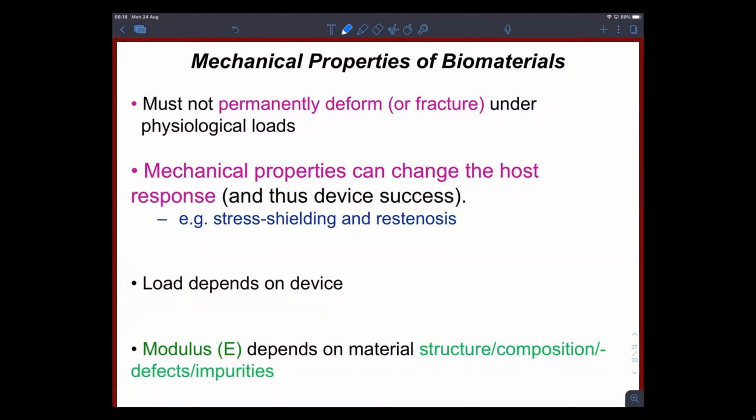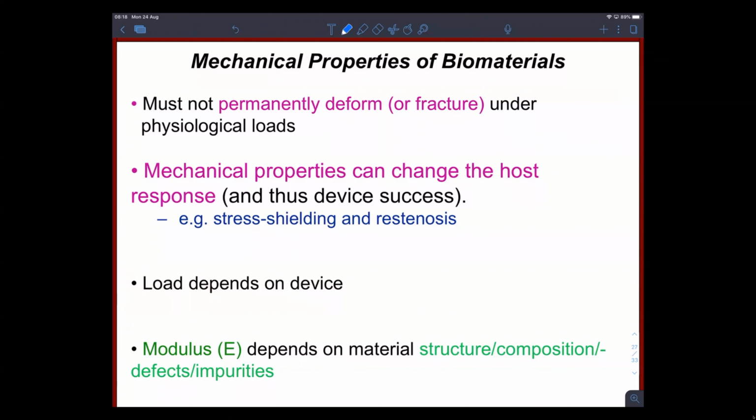Stress shielding is when you have an implant, and then your bone is not given time to remodel because the actual implant is taking more of the stress than the surrounding bone, so it doesn't regenerate as quickly. Restenosis is a cardiovascular condition when you put a stent in that actually forms a thicker endothelial wall and can cause a collapse of the arteries as well, because it basically takes on too much load than it should, so it doesn't have time to reform.